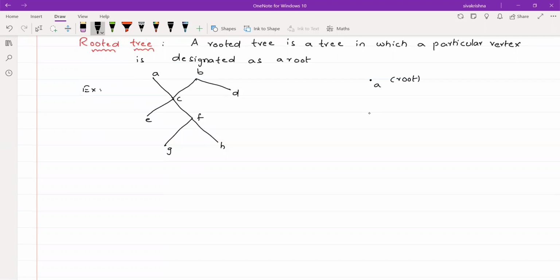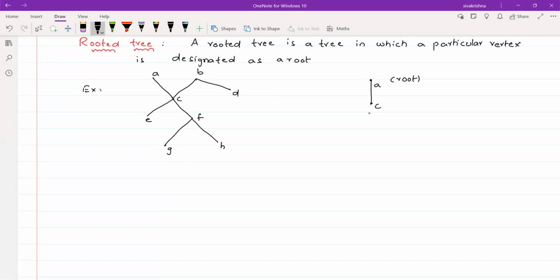Okay. So from small a, we are having only one edge, that is, from small a to C. So we have to draw an edge from A to C. So this is the edge C. Okay. From C, if you observe the graph, we are having three edges.